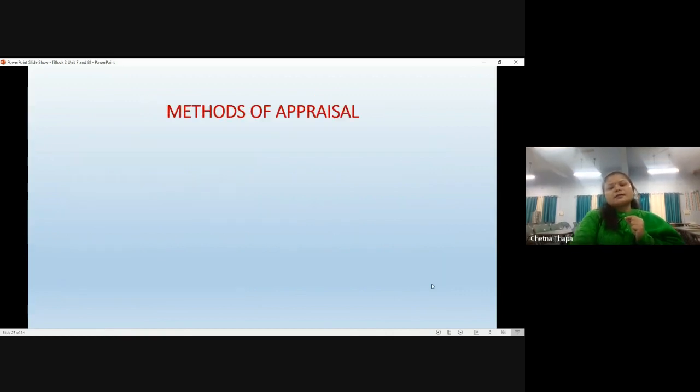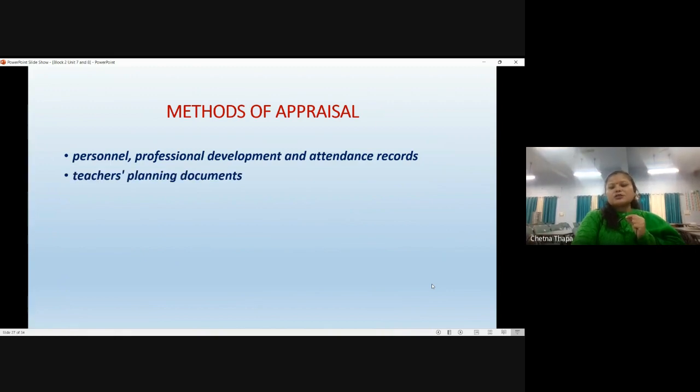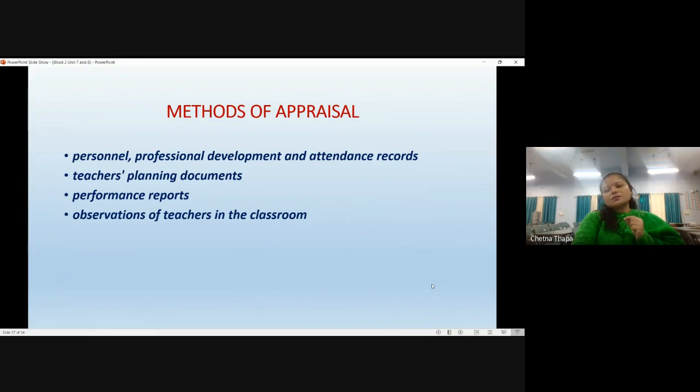So what are the methods of appraisal? The first one is personal or professional development and attendance records: how the individual is coming to the institution, what are the teacher's planning documents, how is he planning to work in the institution, what are his performance reports, how the tasks have been performed, and what are the observations of teachers in the classroom, the observing teachers, regarding that individual teacher.